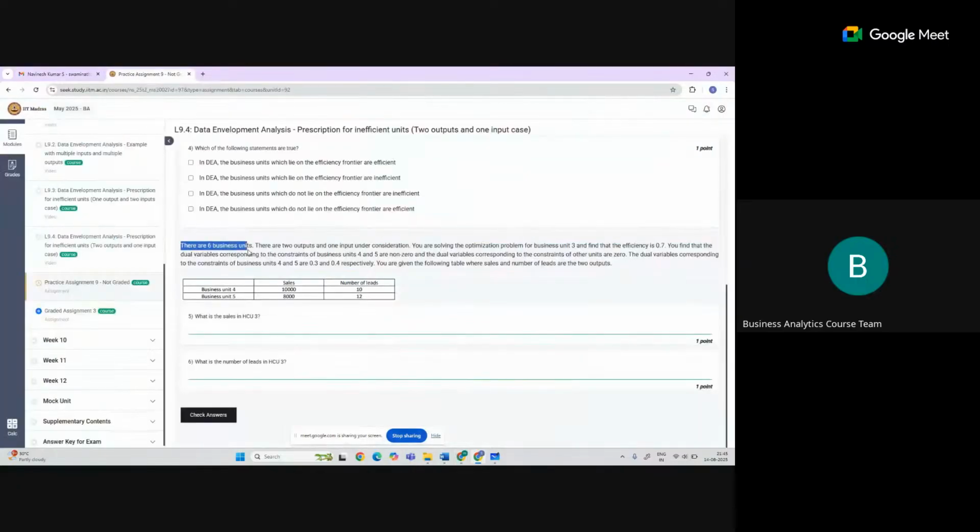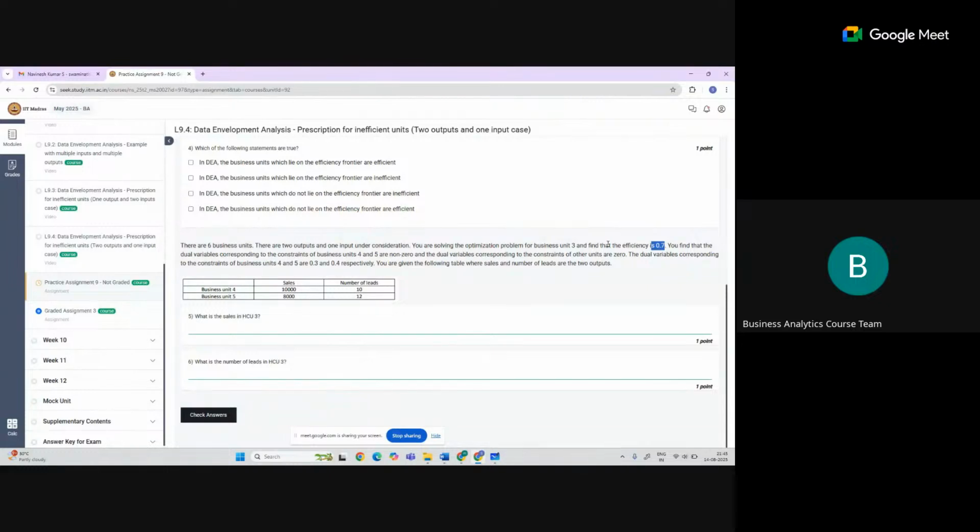There are 6 business units, with 2 outputs and one input under consideration. You are solving an optimization for business unit 3. Your efficiency is 0.7. We are solving for DMU 3 and apparently it is not efficient, the efficiency is only 70%.